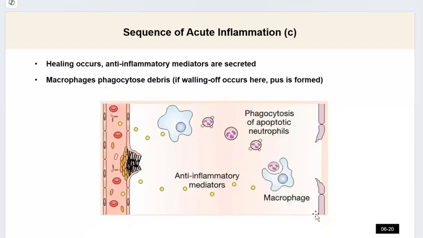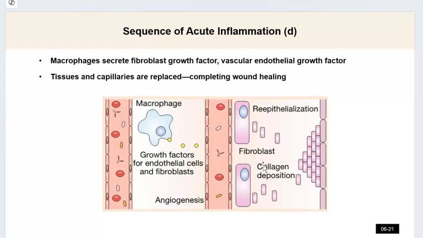which leads us to C, which is resolution. So now again, we have this plug here. It's much less busy. Things are happening. Phagocytes, now the apoptotic neutrophils, the neutrophils that have done their job, are going to be able to die off and get removed. And then that leads us to wound healing.